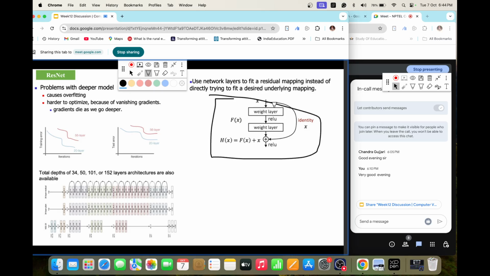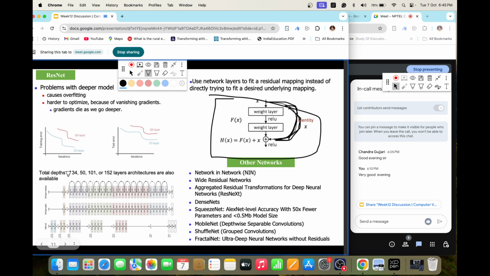It takes the output of the previous layer, but it also takes the output of the previous-to-previous layers. This is the added thing over here, the innovation of ResNet. ResNet has more depth, you can have up to 101 or 152 layers.